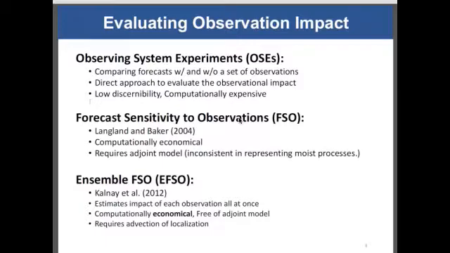And then Eugenia in 2012 formulated the ensemble version of FSO, which we call the EFSO. So it also can efficiently evaluate the impact of each observation. And it's free of an adjoint model because it uses ensembles. But the problem is that it requires a special treatment in localization.